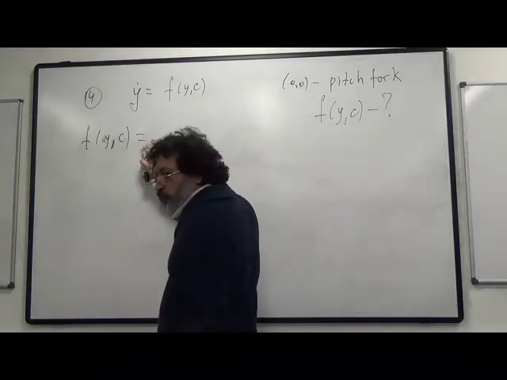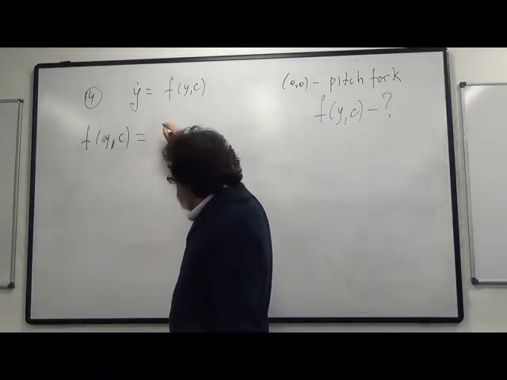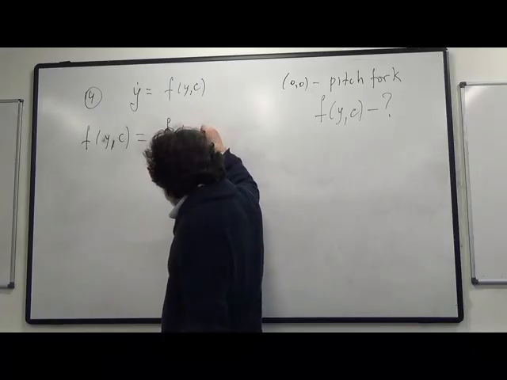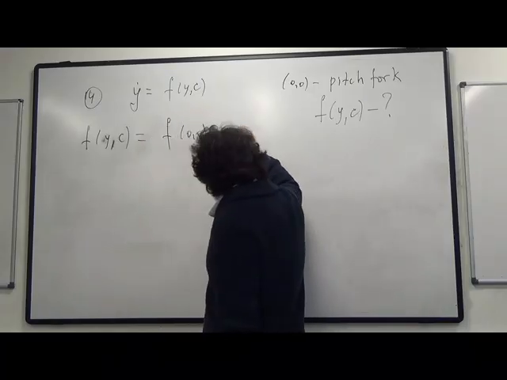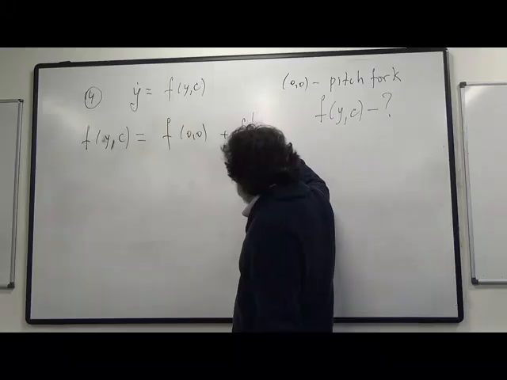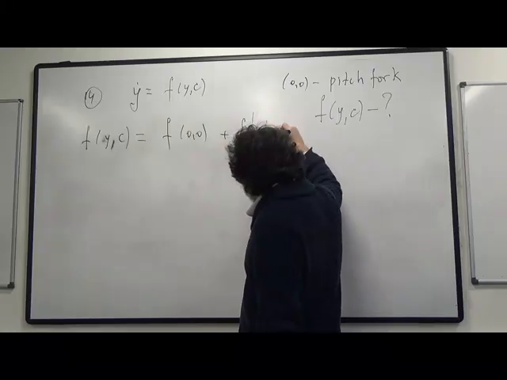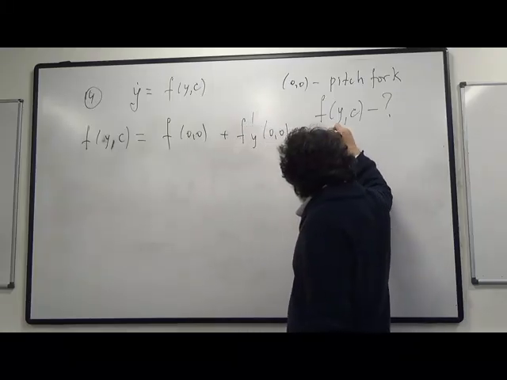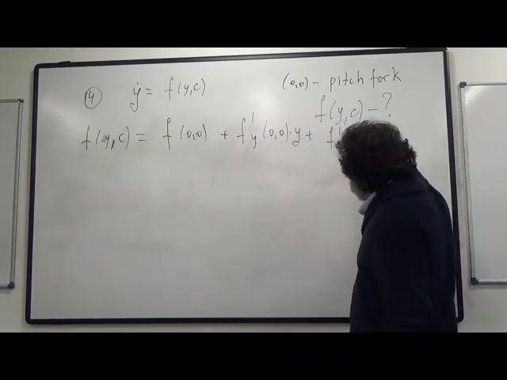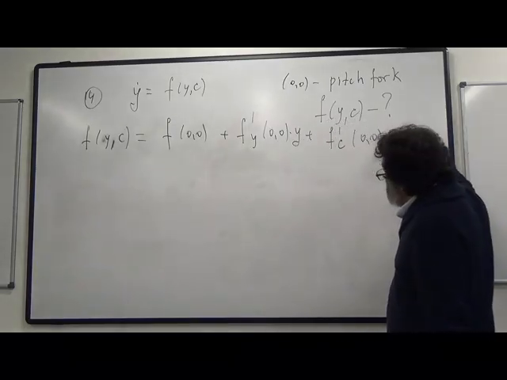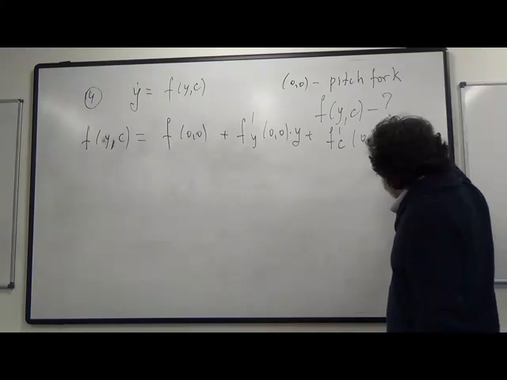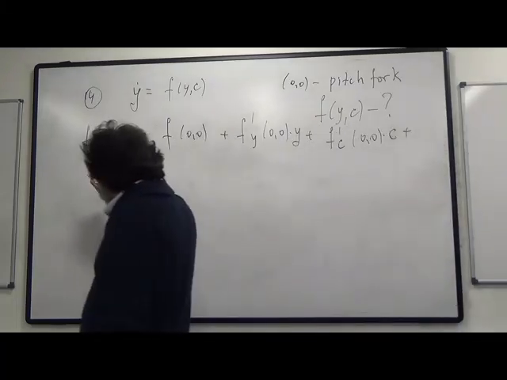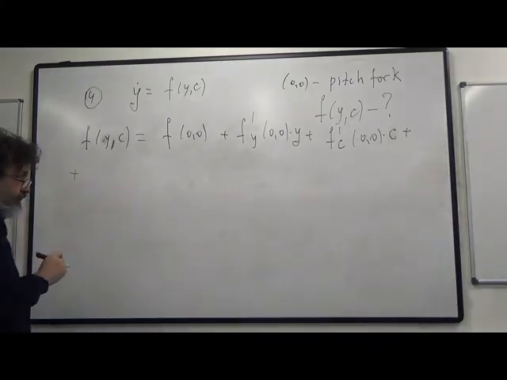So okay, I will call it Maclaurin here, yeah? This Maclaurin series is f at 0, 0 plus the derivative of f over y at 0, 0 times y plus the first derivative over c at 0, 0 times c. Then we have second order terms.